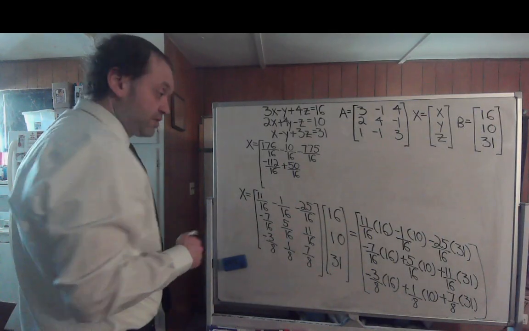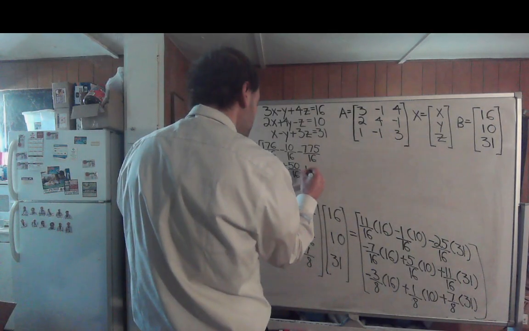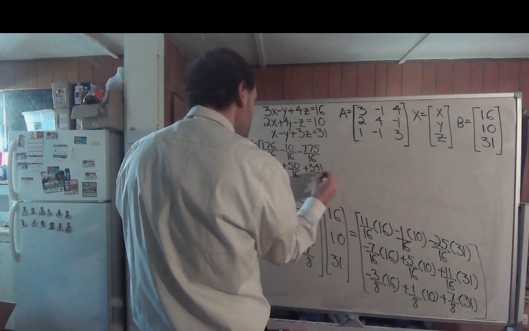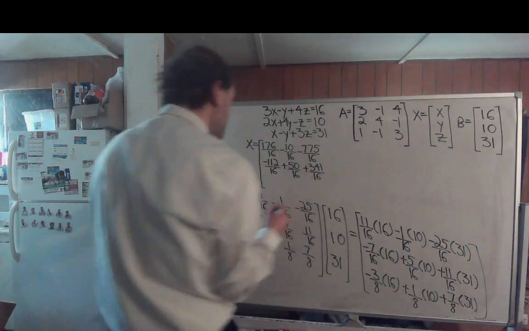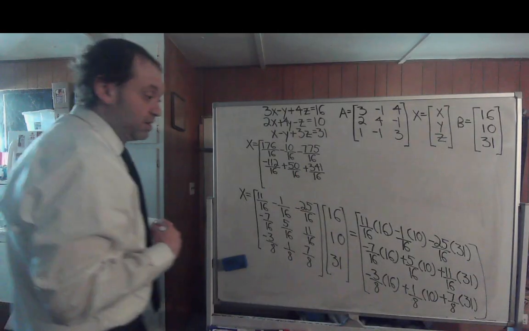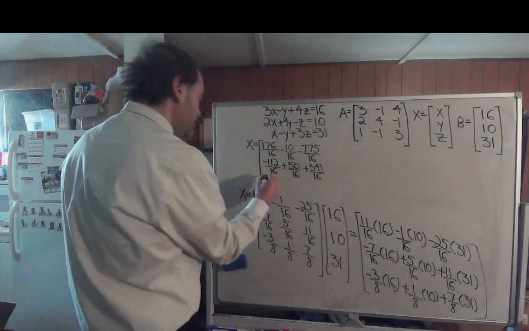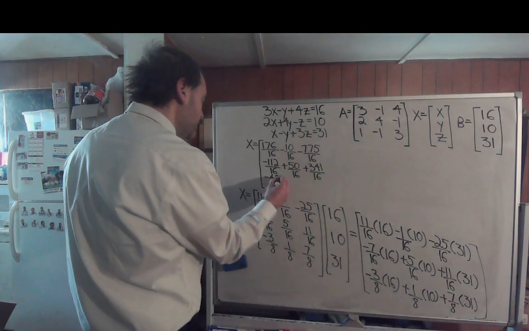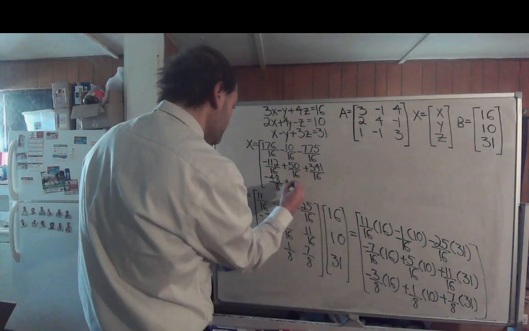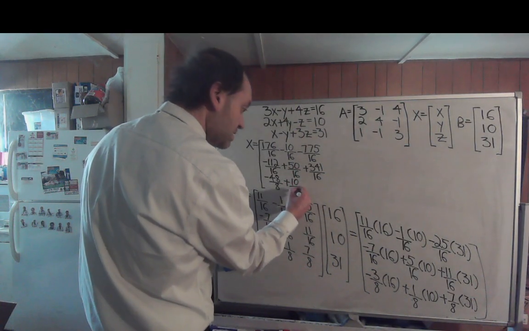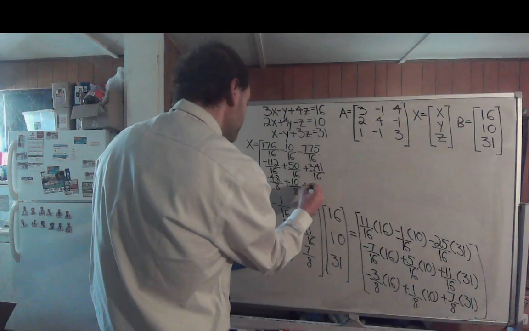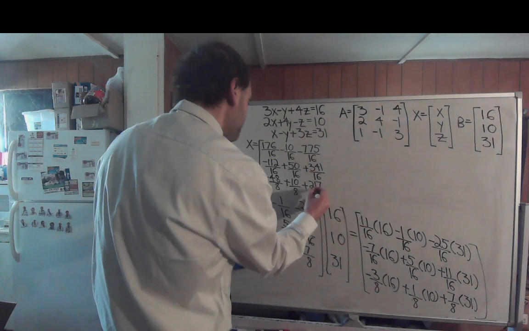Plus 341 over 16. And then last but not least, we'll have only a denominator of 8, so you'll have negative 48 over 8 plus 10 over 8 plus 217 over 8.